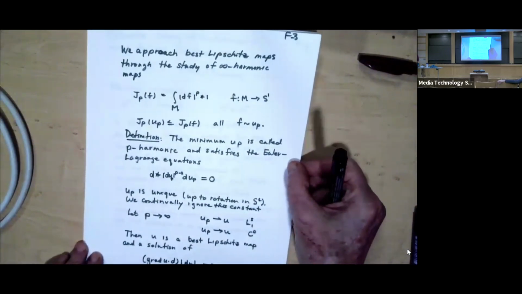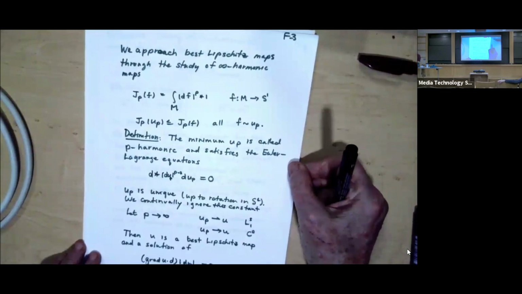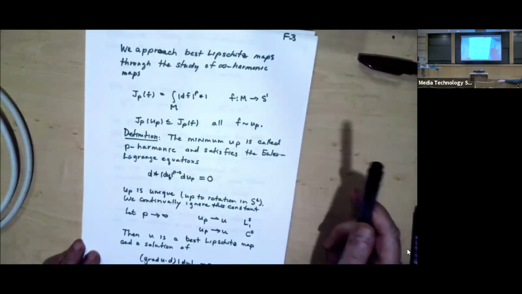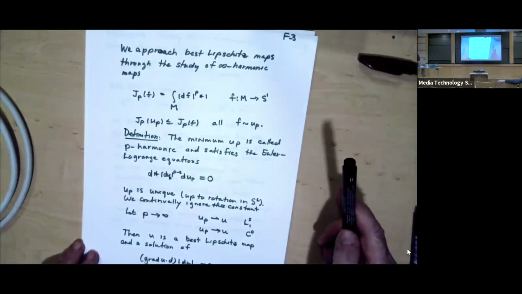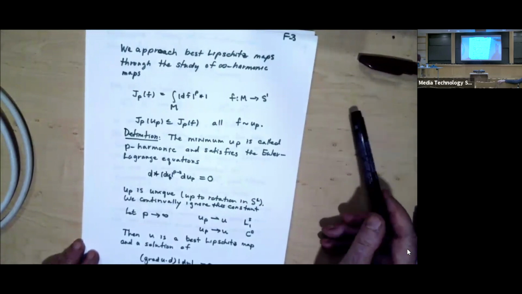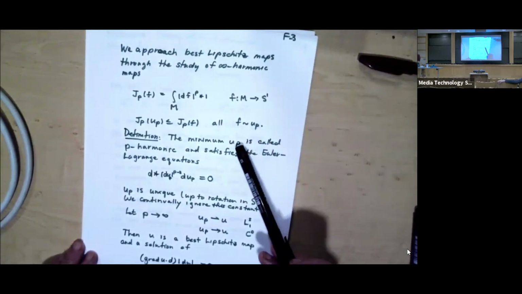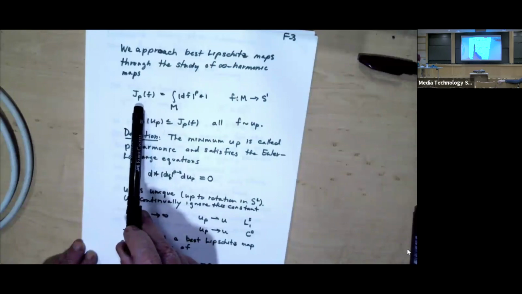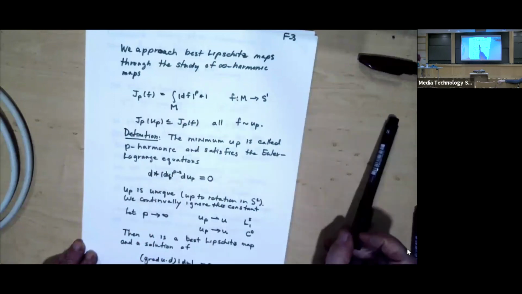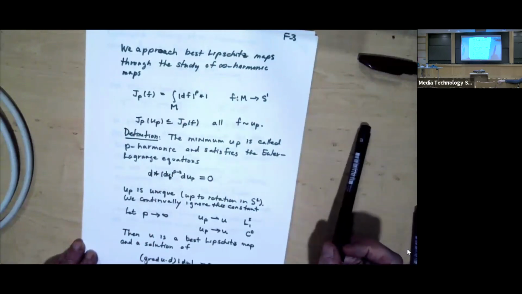Okay, so we approach the best Lipschitz maps through the study of infinity harmonic maps. An infinity harmonic map is just a critical point of the functional which takes the derivative to the pth power and integrates it over the manifold.